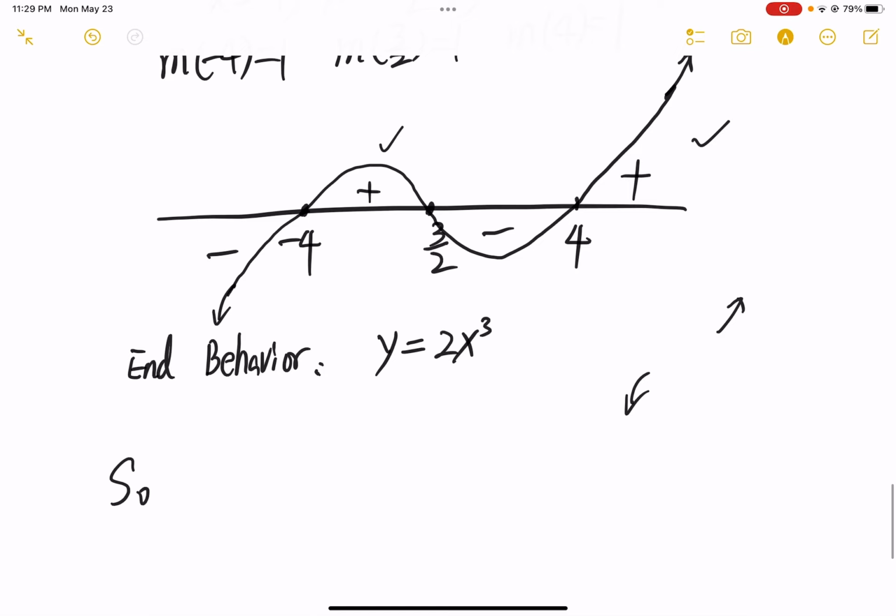So our solution is negative 4 to 3 over 2, because they are equal to 0 at these two points, so they should be included, right? Union from 4 to positive infinity.